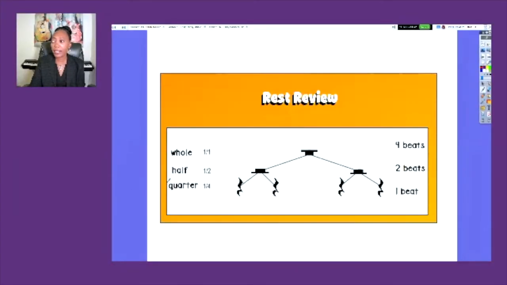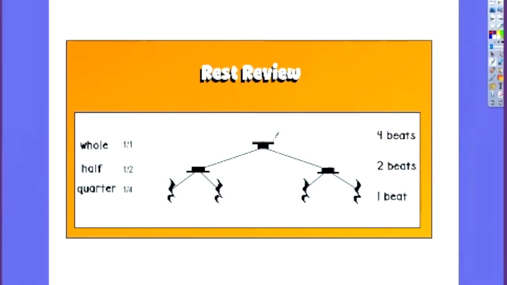All right. And here is a rest review. We have our whole rest, which we know gets 4 beats. And then when we break our whole rest down, it equals 2 half rests. Okay, so we know a half rest equals 2 beats. And then if we break that down, we have our quarter rest, which equals 1 beat.